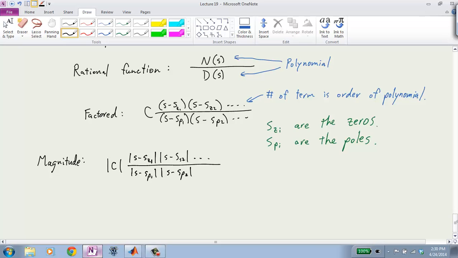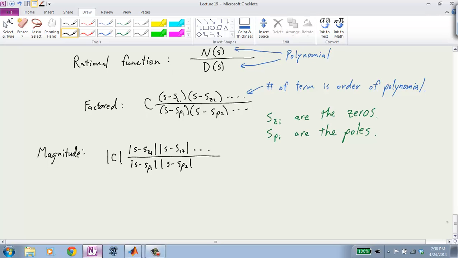So really, what we should try to understand is the magnitude of one of these things. For the zeros, if we take one of the zeros, this is just a vector.